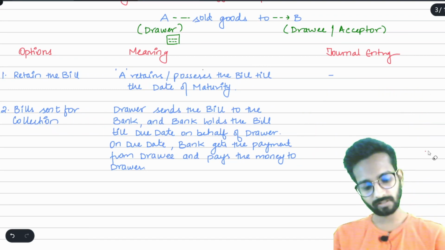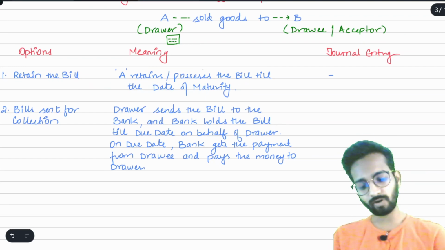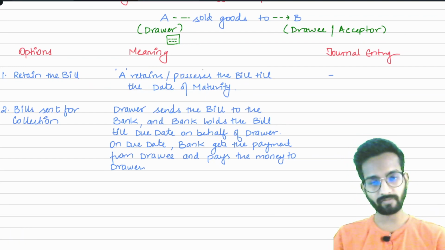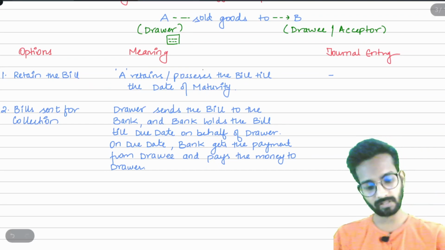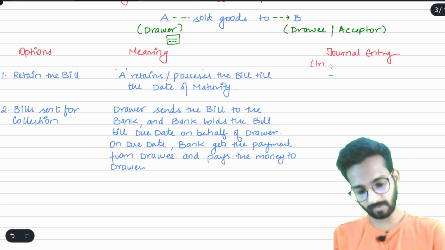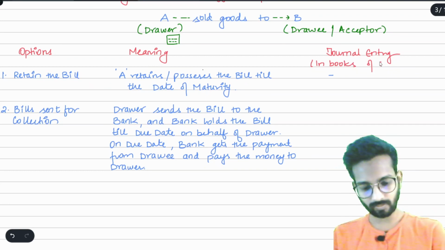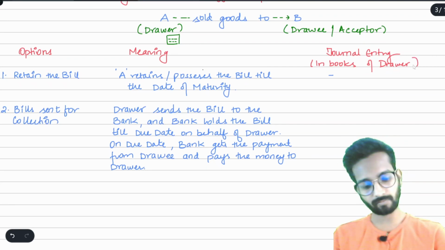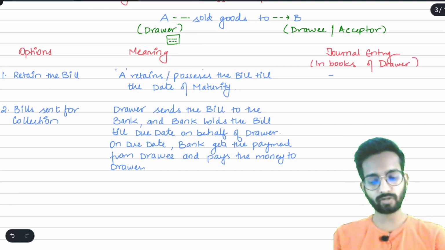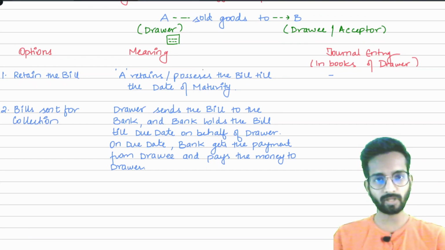Now moving further, what will be the next entry for this? What will be the journal entry we are passing? We are passing the journal entry from the viewpoint of drawer. Journal entry in books of drawer. Okay. So according to drawer, according to A, think bills have gone to the bank.